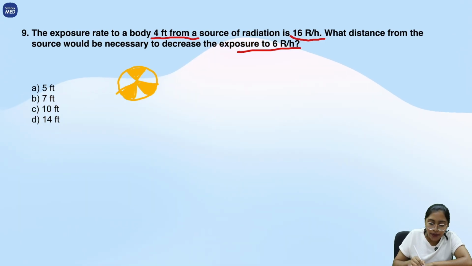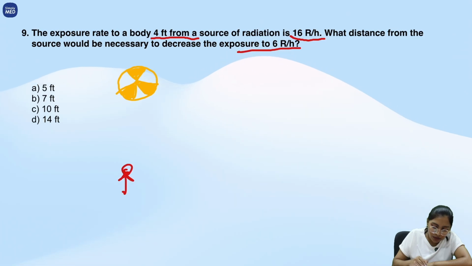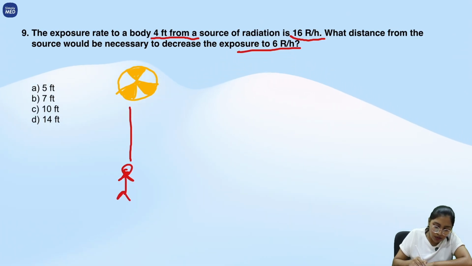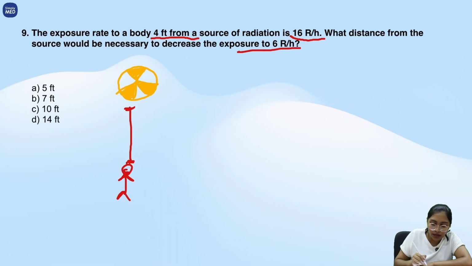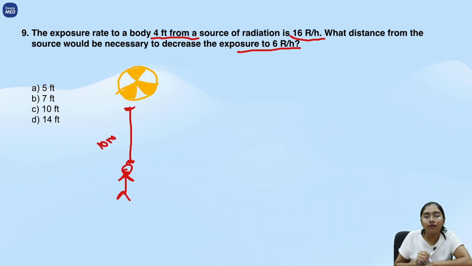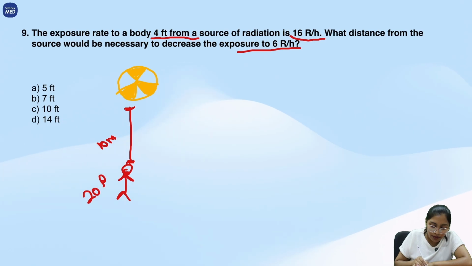Suppose there is a radioactive source here and there is a guy standing here. This person was initially at, let's say, 10 meters. So he'll be receiving some dose from the radiation source, right? Let's say he was receiving 20 Roentgen per hour.